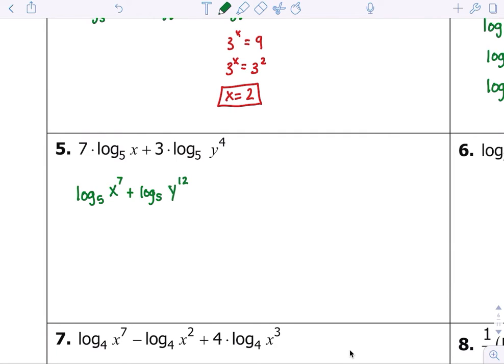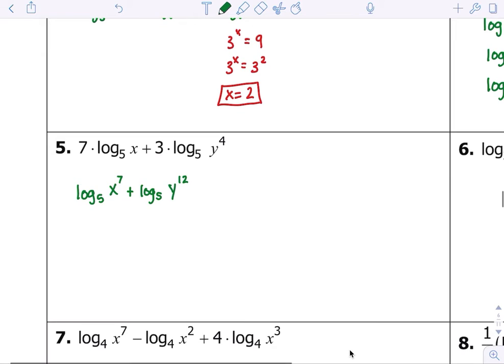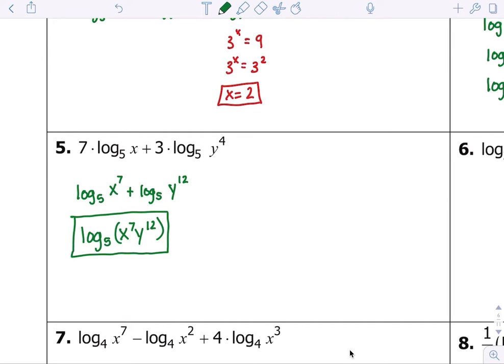Notice that when I put this over here, it's 3 times 4. Okay, so now we just have logs and a plus sign in between, so that means we can multiply them. So log base 5 of x to the 7th, y to the 12th. And that's as much as you can simplify.